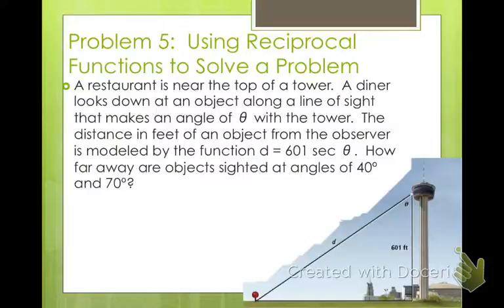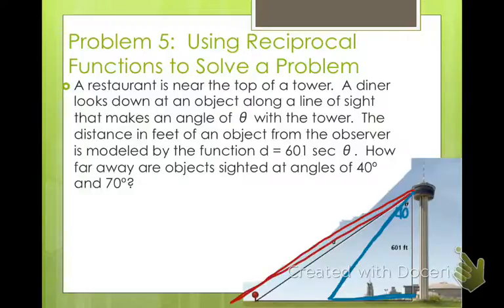So we want to find if things are 40 degrees away or 70 degrees away. Well, if they're 40 degrees away, here our theta is 40, that means we're going to be looking down at things that are closer to the ground, so that's going to adjust how far away we're looking. Whereas if we're looking at things that are 70 degrees away, they're going to be further away over here. So this is what we're looking at.